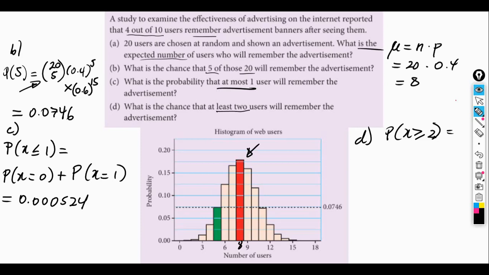And that would be too long. So what would be easier? Well, the complement of this, right? 1 minus the probability of X being less than or equal to 1. And this is simply going to be 1 minus the number we found in part C. So 1 minus 0.000524, and this is going to give us 0.999475.